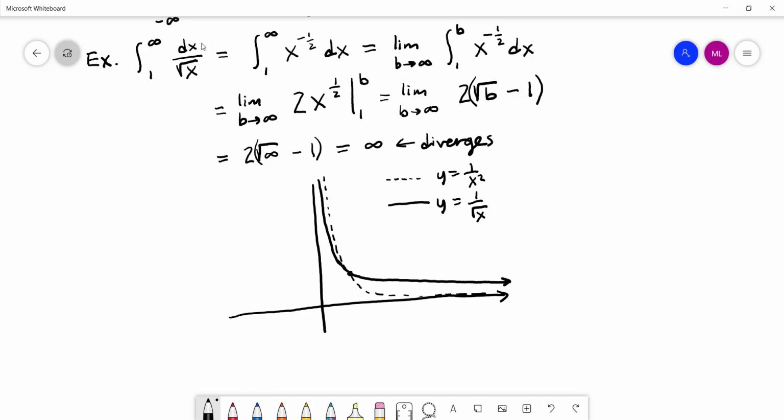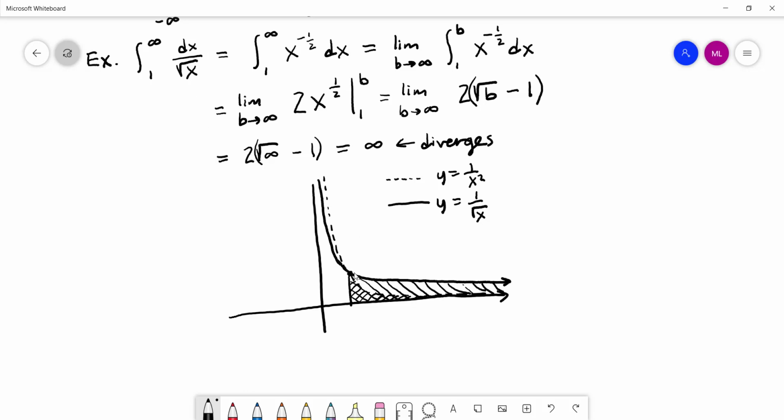They both have the same general shape, but it turns out the area of the two regions, this area, winds up being finite. It goes to 1, whereas this other area, which includes that region as well as the region kind of above it here, that area goes to infinity, which is kind of crazy when you look at it.